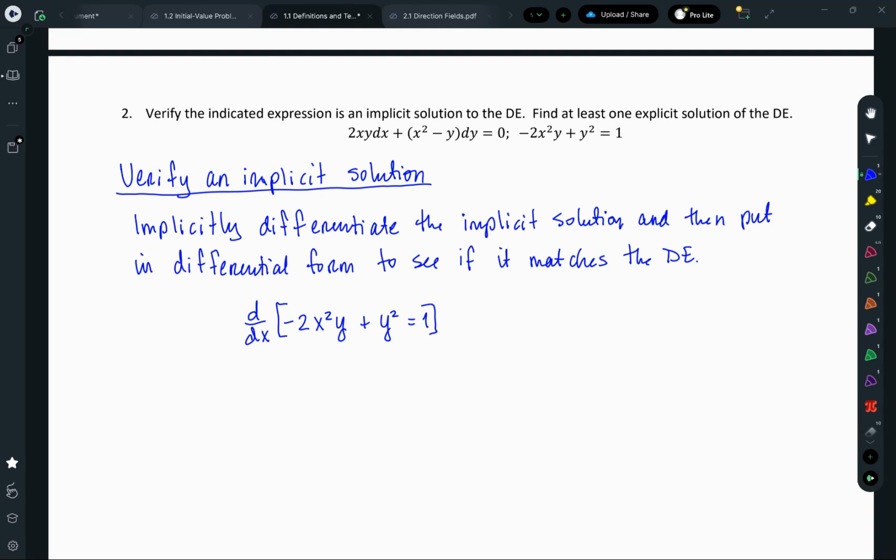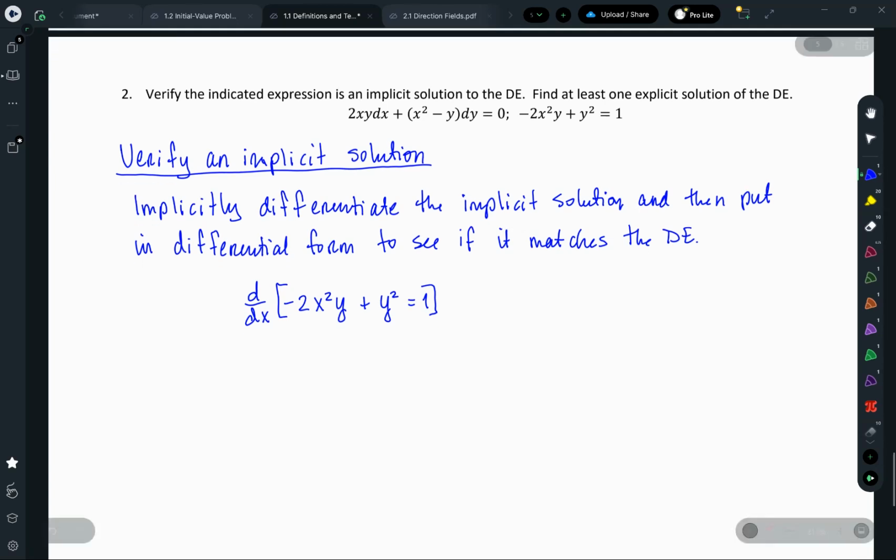So when I take d dx of minus 2x squared y, I have to recognize that I have a product there and need a product rule. When I take the derivative of y squared, I have to recognize that I have a chain rule, and I have to apply the chain rule. So let's see how this works. I'm going to go really step by step right here.